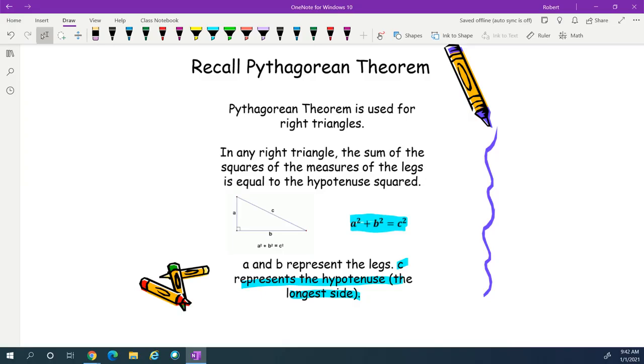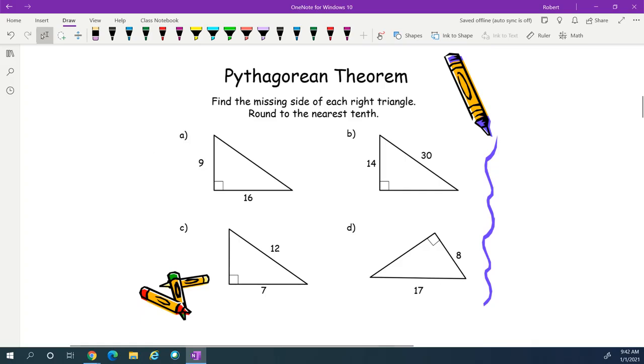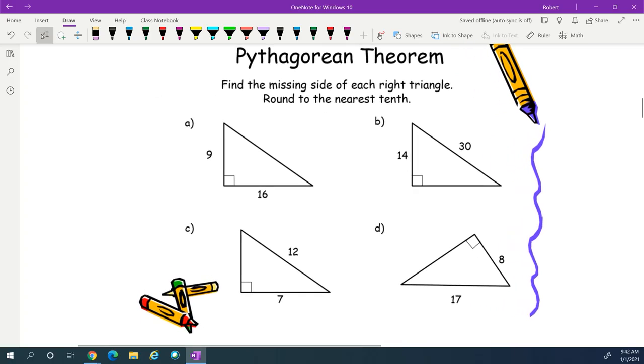So again, typically we've been using the Pythagorean theorem when we know two sides of the right triangle and we're looking for that third side. Plug it in, work it out. So just as a quick refresher, and I'm not going to do all of these, but for example, in question A, we want to make sure that we identify our hypotenuse opposite the right angle.